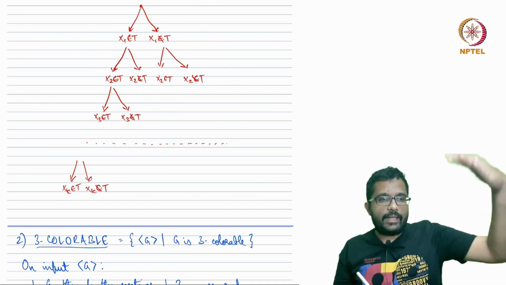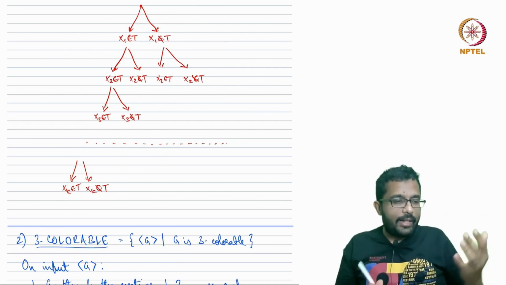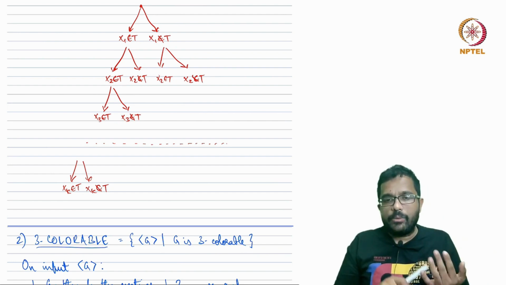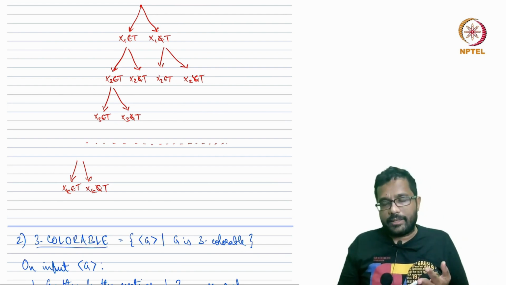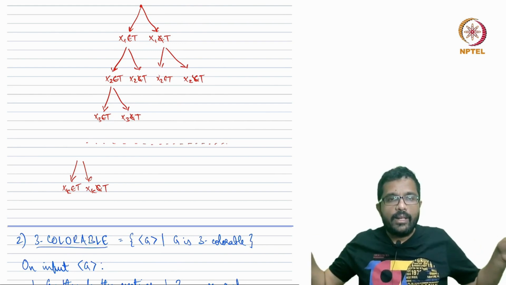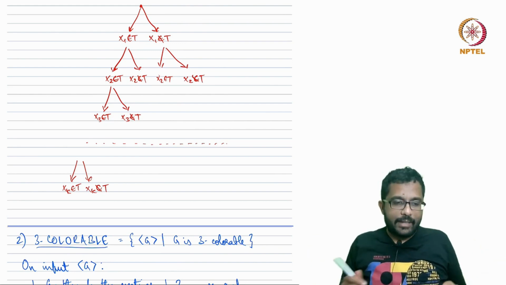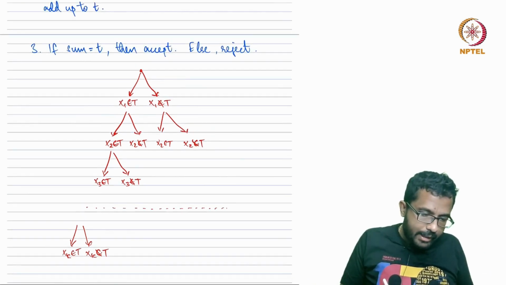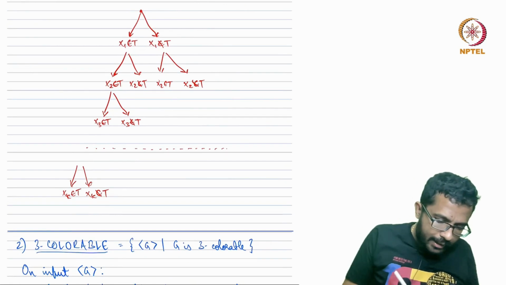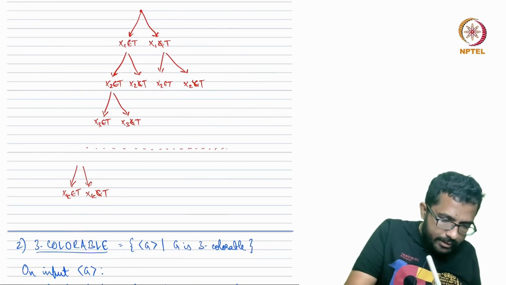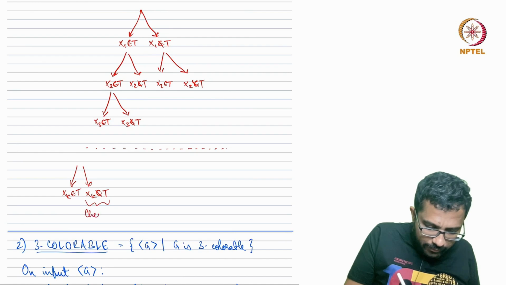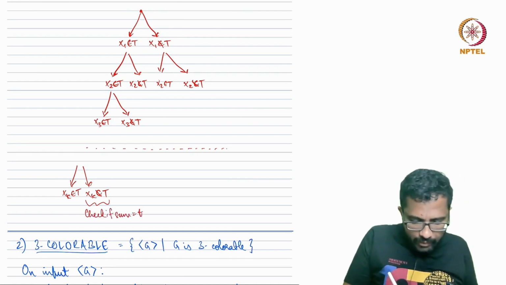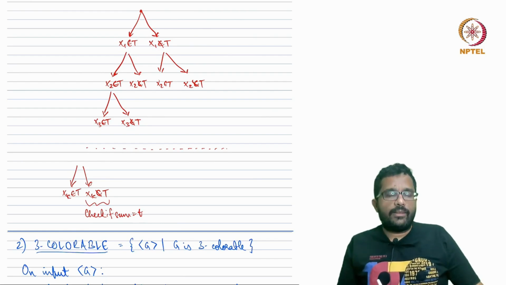We walk through x1, x2, etc., and at each point we non-deterministically decide to include xi or not include xi. This results in 2^k possible branches of computation. And then at the end, you just add up and check if the sum is equal to t, and then accept or reject accordingly.